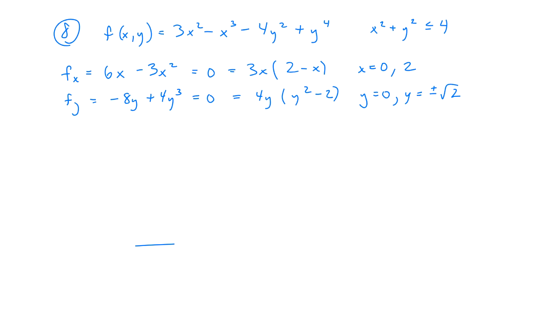Okay, so this gives us a bunch of points, some of which we might not care about. So we have either x is 0 or 2 and y is equal to 0 or plus or minus square root of 2.